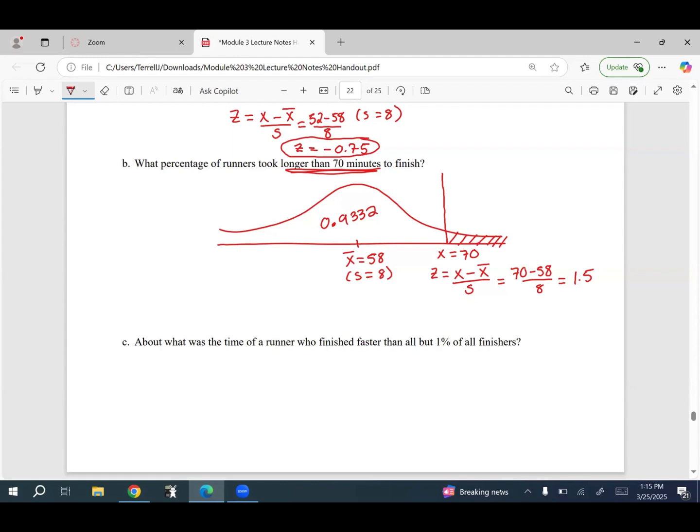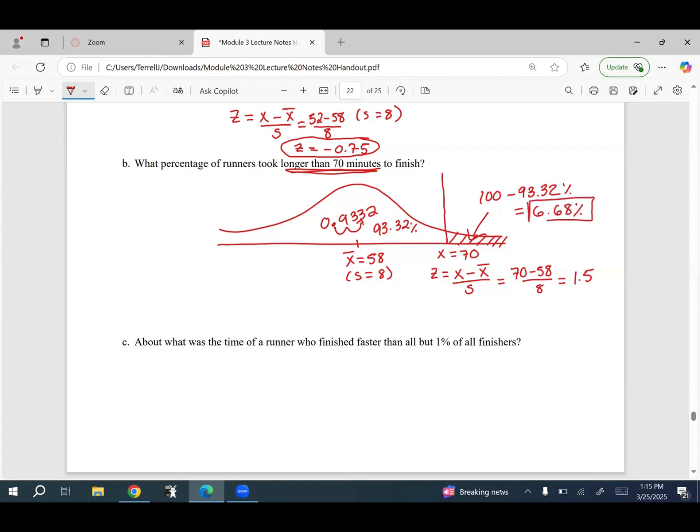Let's make 0.9332 a percent. That would be 93.32%. And if I know this whole curve has to add up to 100%, to get this piece, I'll just do 100 minus 93.32%. And if I do that, I'll get 6.68%.